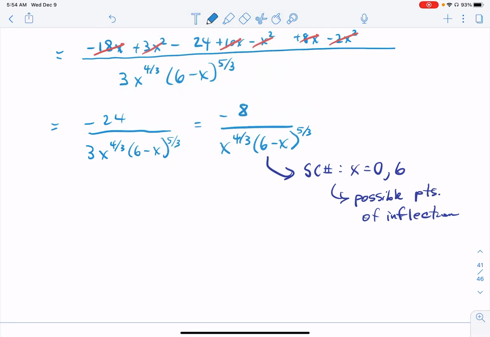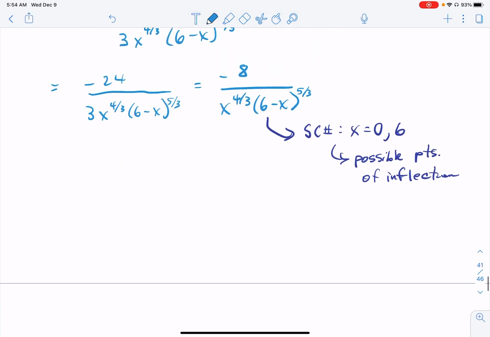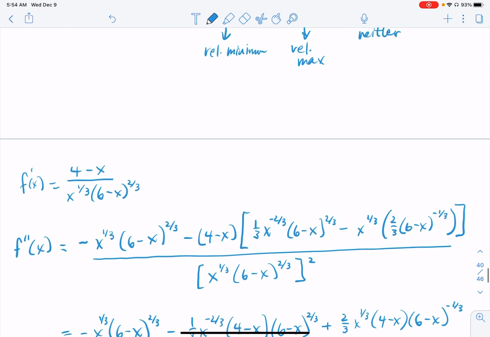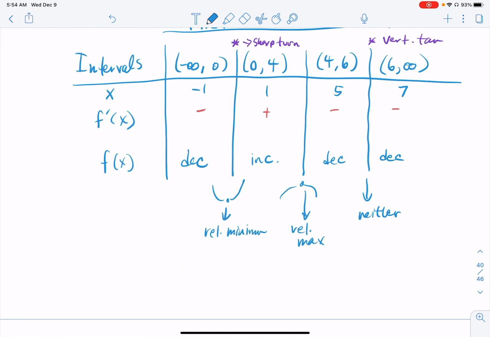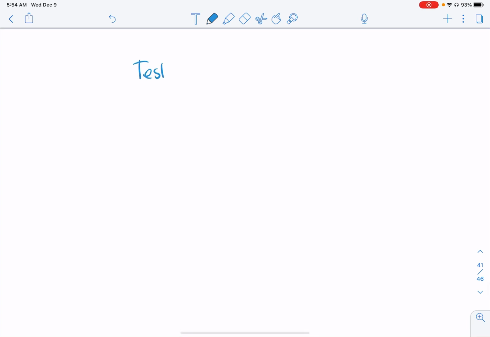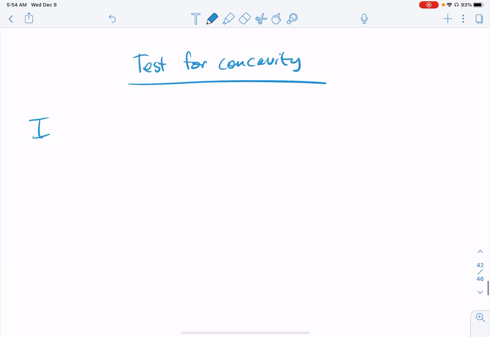Okay, so let's come back over here, and now let's test for concavity. This is not the second derivative test, because what does the second derivative test for? It tests for relative extrema, which we already have. So, test for concavity. Intervals, once again, it's all real numbers that we're going to break up.